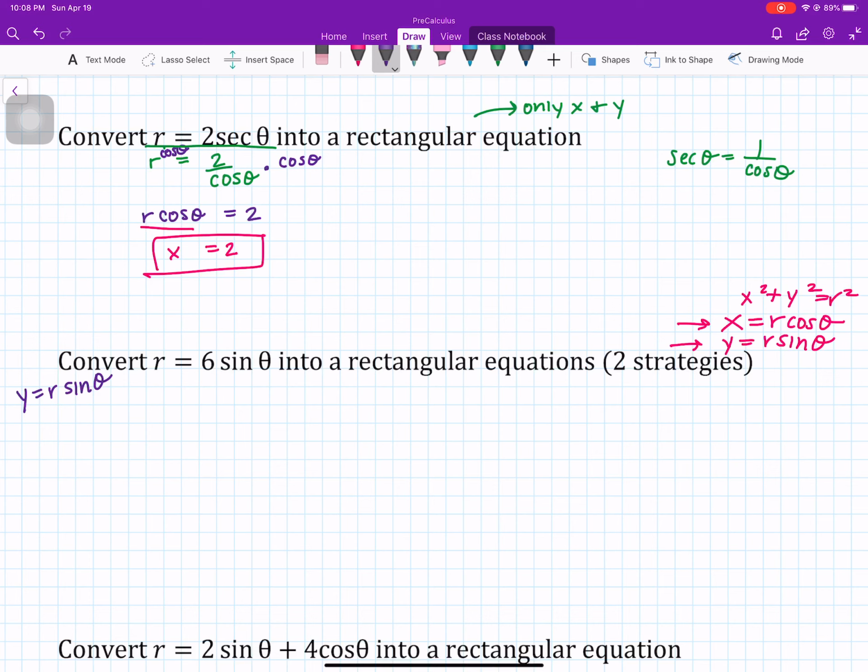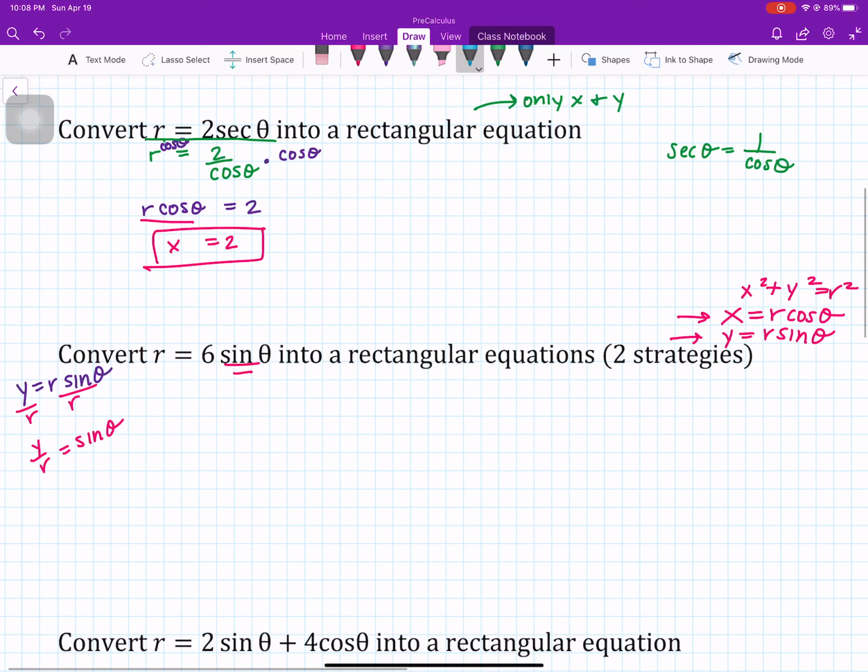Since the r and the sine are not being multiplied by each other, you could manipulate the equation a little bit so that you can replace just the sine. So if you divide both sides by r, let's say, y over r equals the sine of theta.